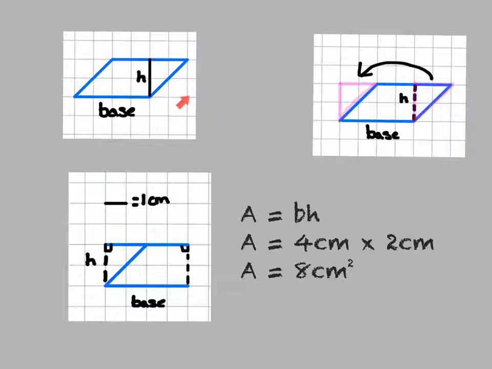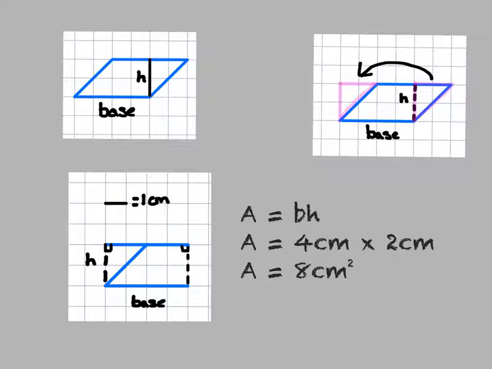Now this parallelogram and this rectangle, they're going to have the same area. So we can simply do the formula, area equals base times height. By looking at our key, one side of the square equals 1 centimeter.